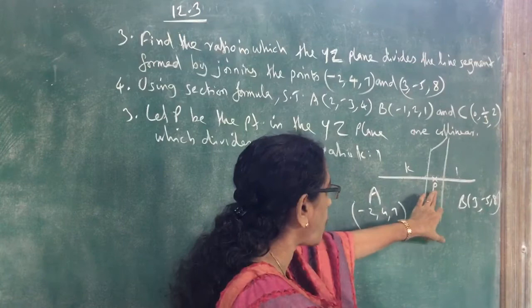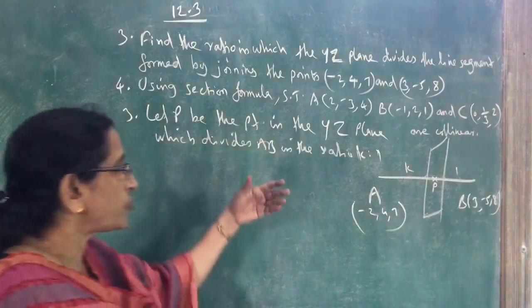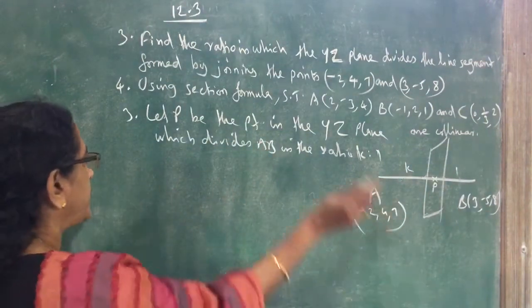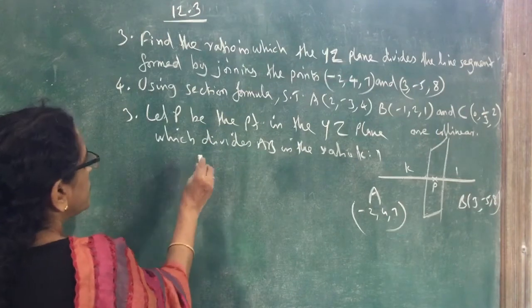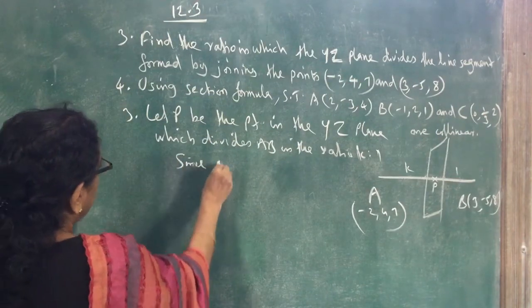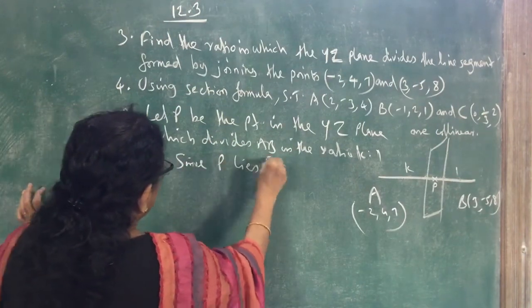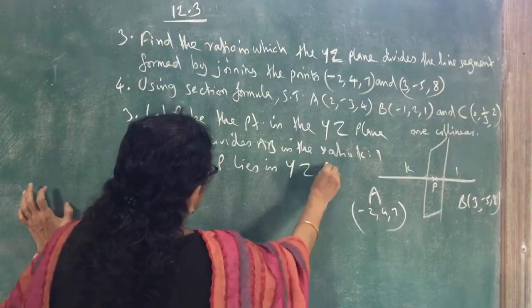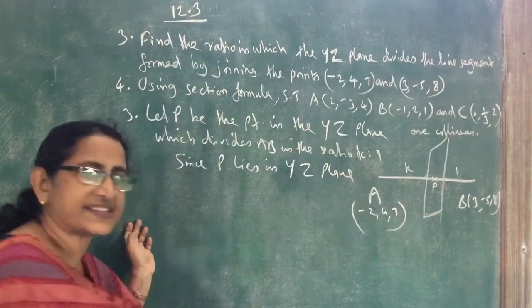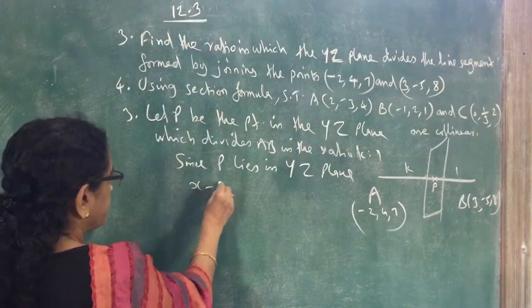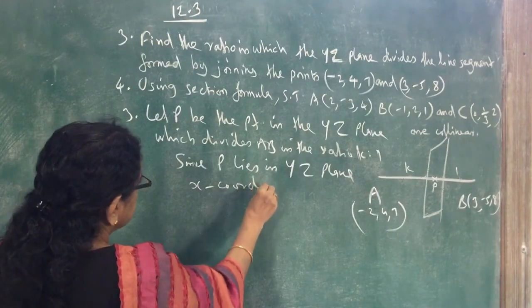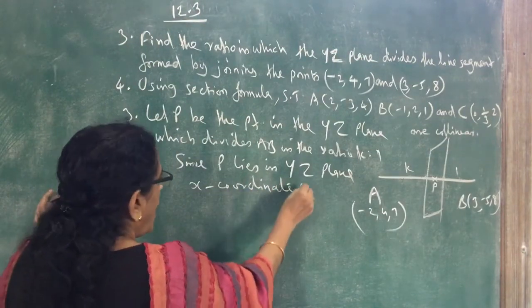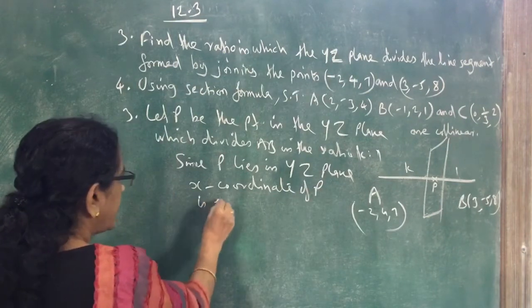That is, the x coordinate of the point P is 0. So we can find the x coordinate of the point P. Since P lies in the YZ plane, the x coordinate of P is 0.